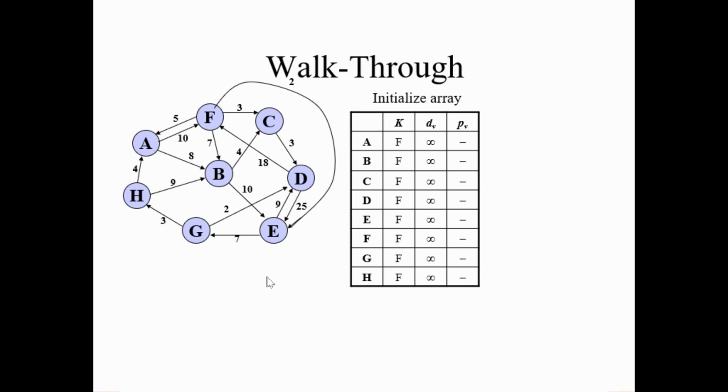Let's say my starting node is G and I want to find the shortest distance from G to all of the different nodes that it is connected to, either directly or indirectly. I can use Dijkstra's algorithm to calculate that shortest distance from G to every other node.